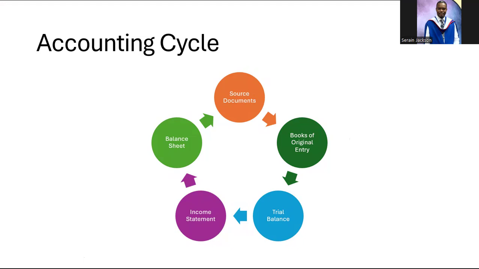Technically, the first bit of accounting information that you collect comes from your source documents, but when we start to record the information from those source documents, we have to use the books of original entry. That is why we refer to them as the first book that we record transactions in. It's where the bookkeeping process technically begins from an accounting perspective.